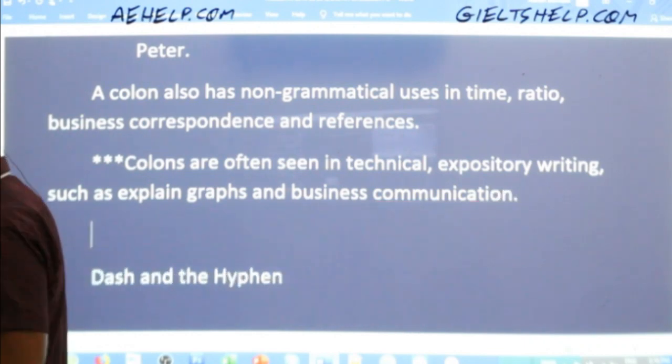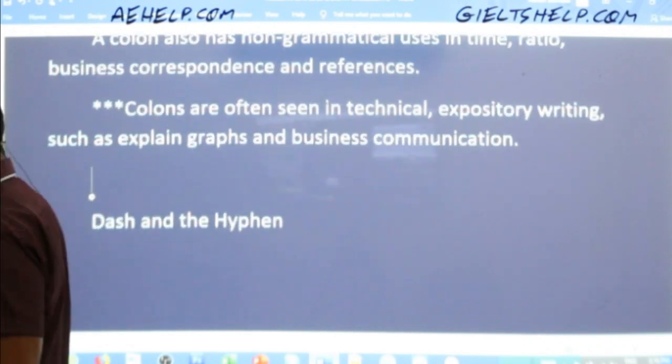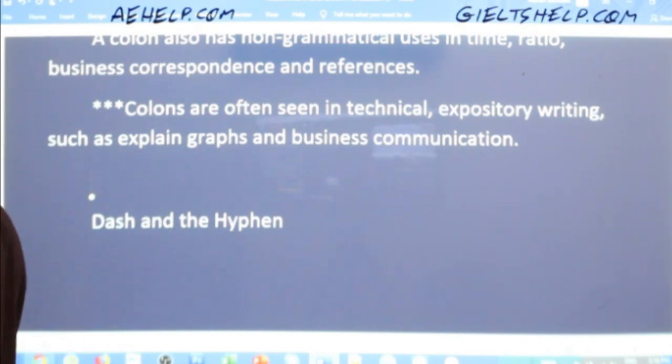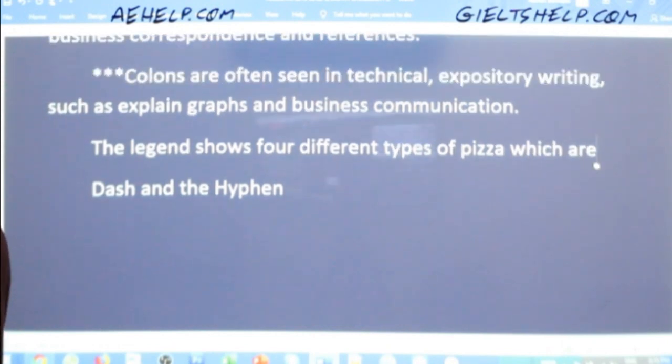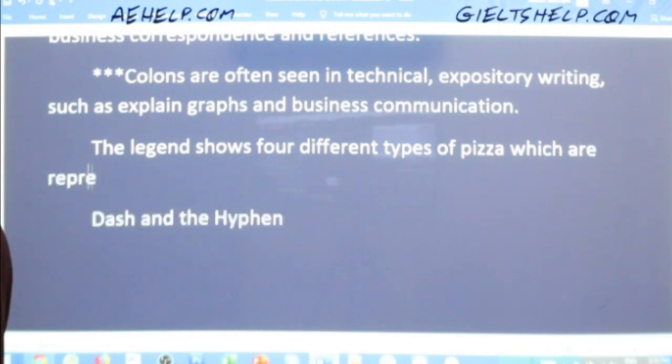So in your task 1, let's say that you're dealing with a pie chart, for example. The legend shows 4 different types of pizza, which are represented by the given pie chart.